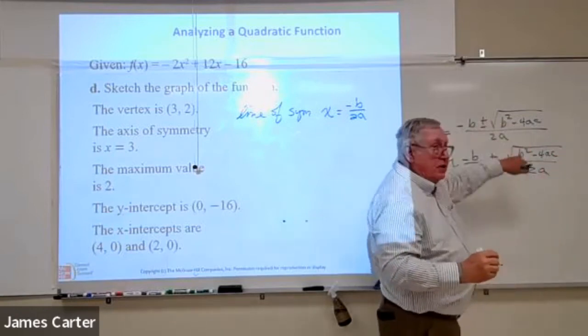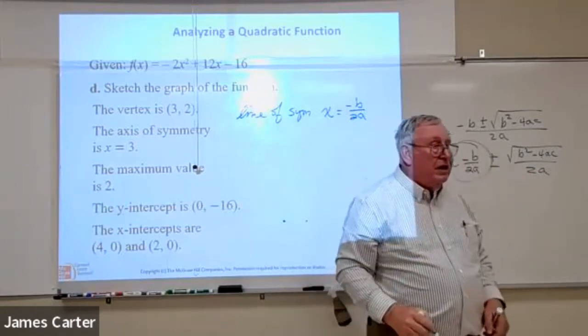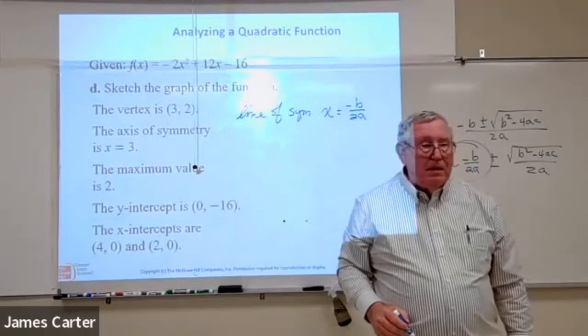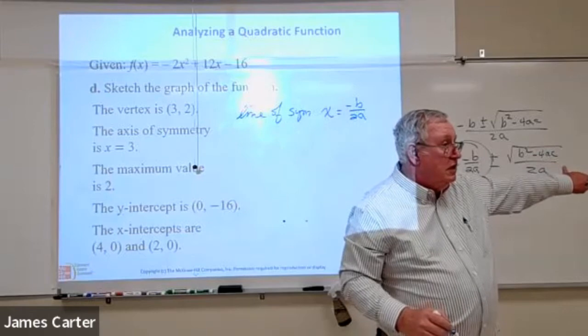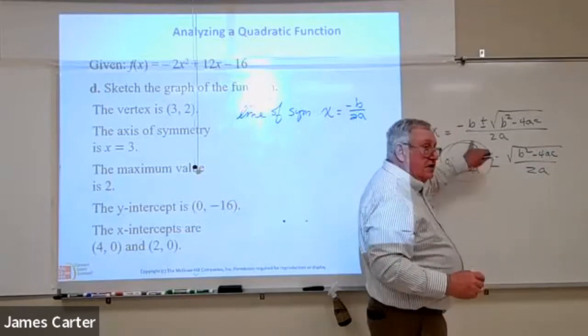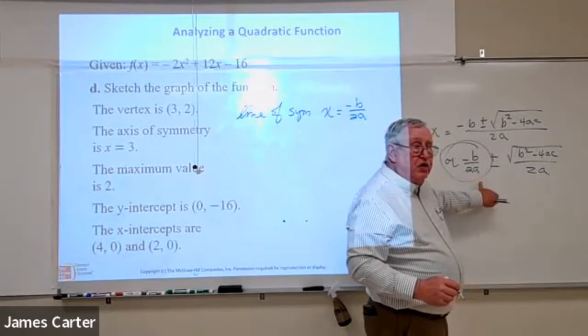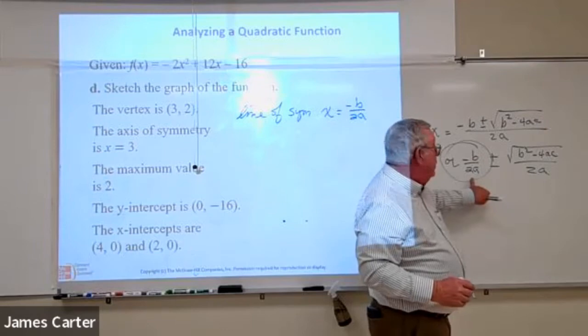And that front end part is the symmetry formula. Guess what this thing, the quadratic formula, really does? It gives you the line of symmetry, which also gives you the x value of the vertex at the same time.